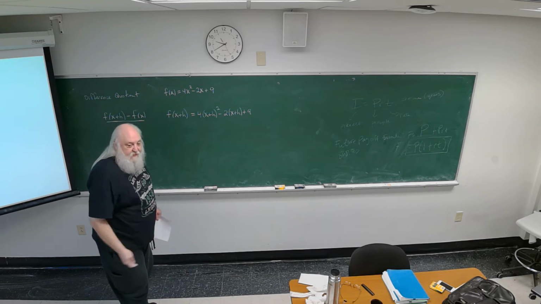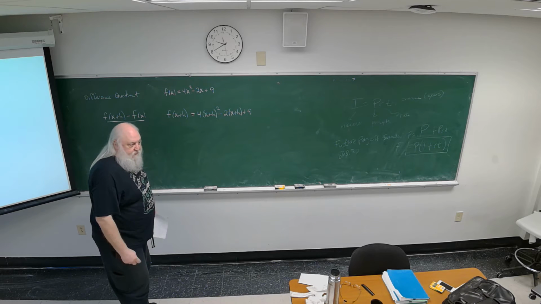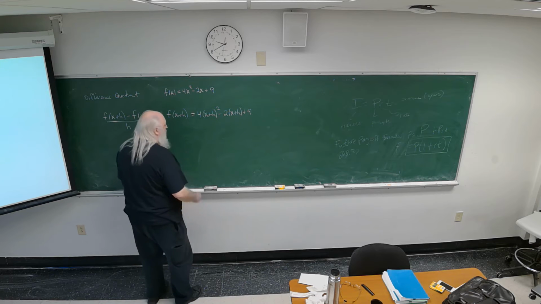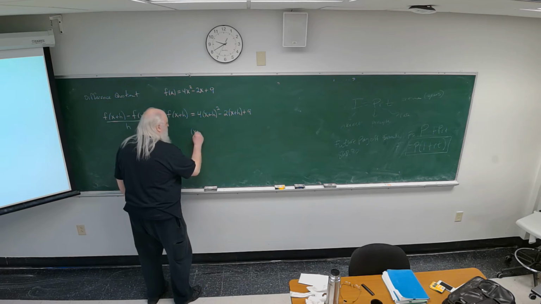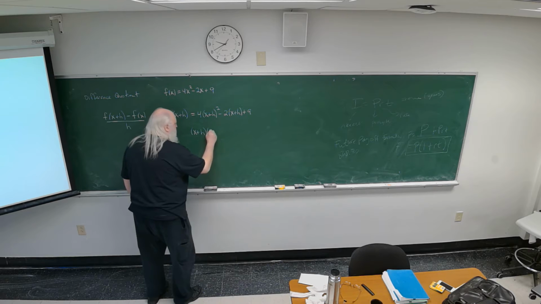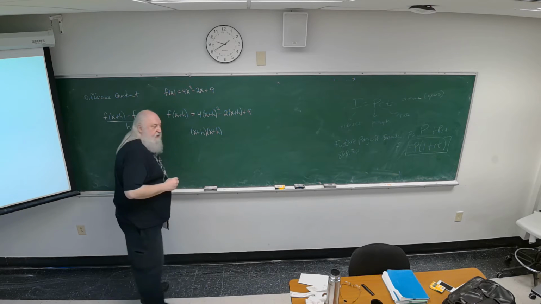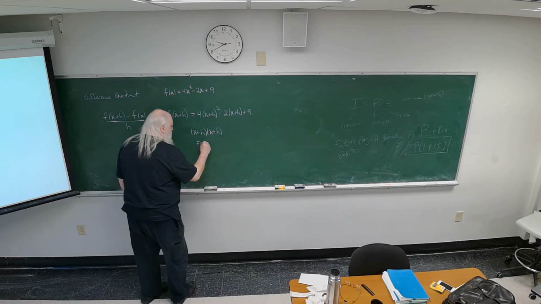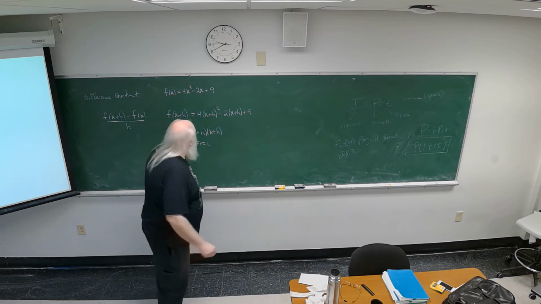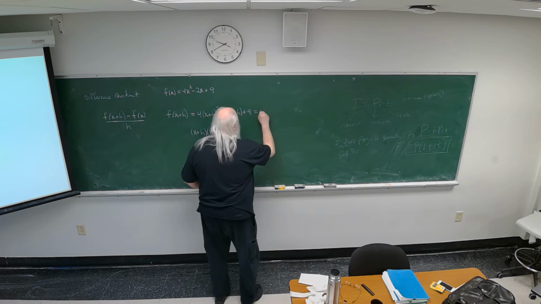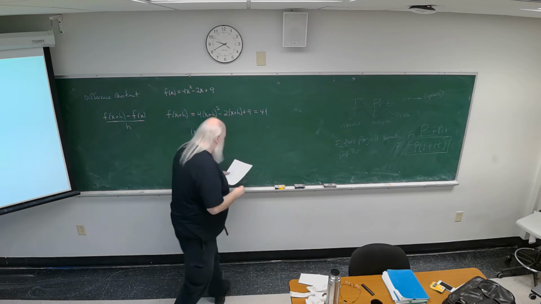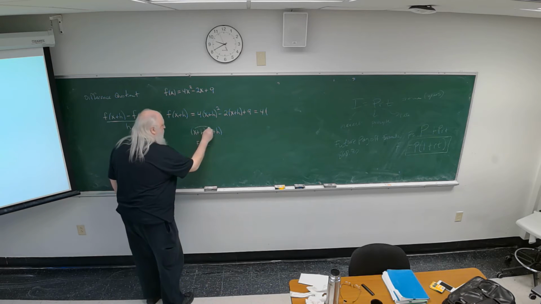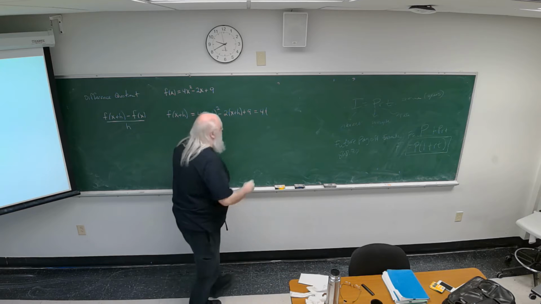Now we got to expand that and simplify, right? Combine like terms. So x plus h squared is the same as x plus h times x plus h, right? So to expand that, you gotta FOIL, okay? So this is equal to 4 times, when we FOIL, right? First terms, x times x is x squared.